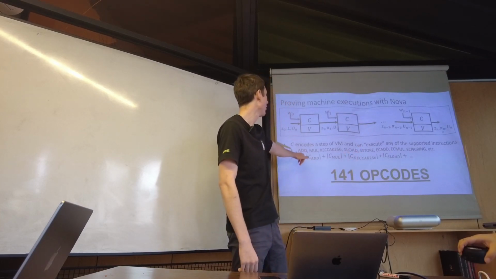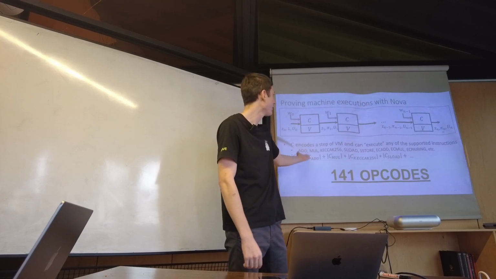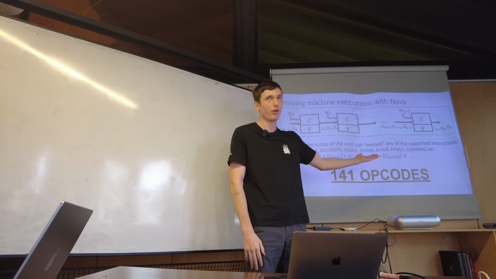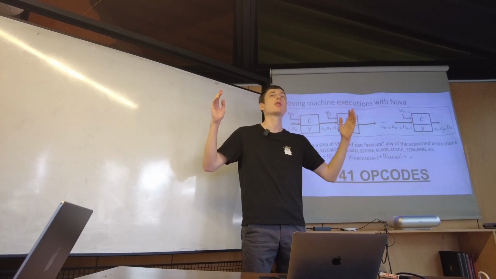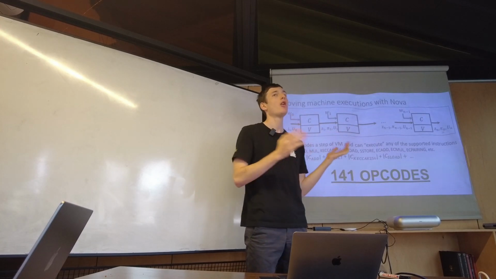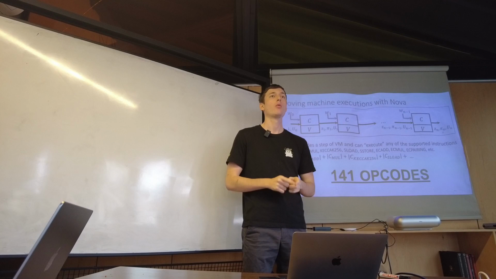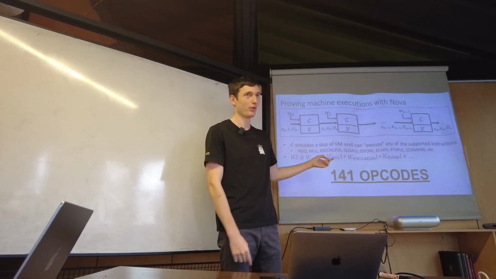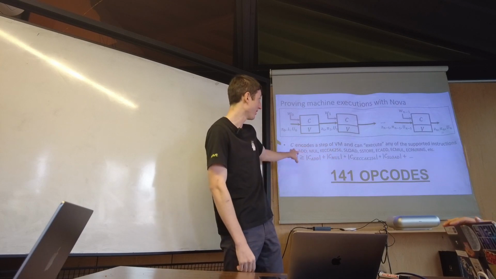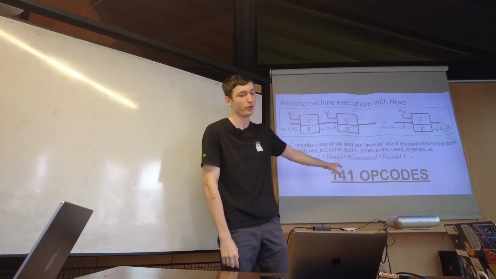So the size of the universal circuit that contains all of the instructions is bigger than the size of all of the circuits combined. And so you end up with this really, really big circuit. And remember, in Nova, okay, you can fold them, but at the end, the work of the prover is still proportional to the size of the circuit. So this means the prover work is going to be proportional to this enormous circuit that contains all of the instructions. Oh my God, it's very bad, too many opcodes.